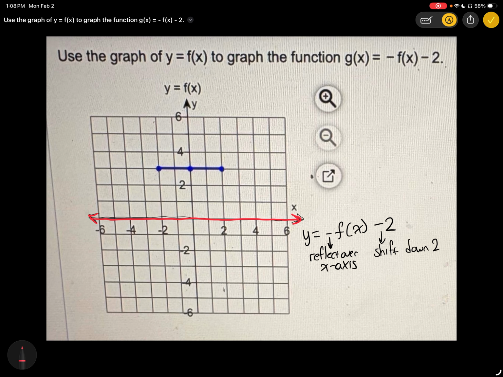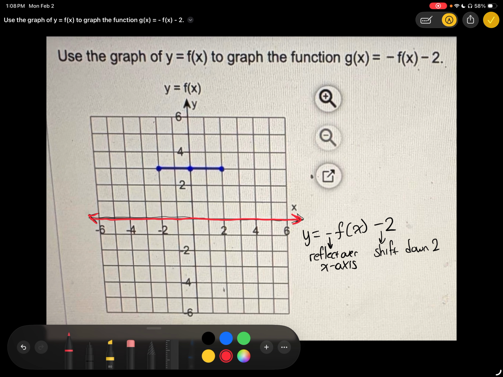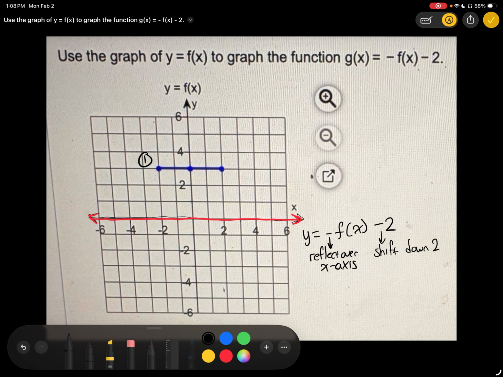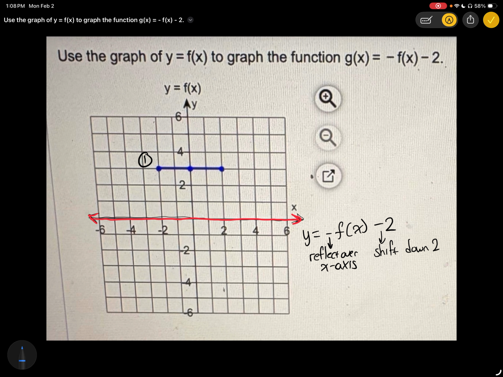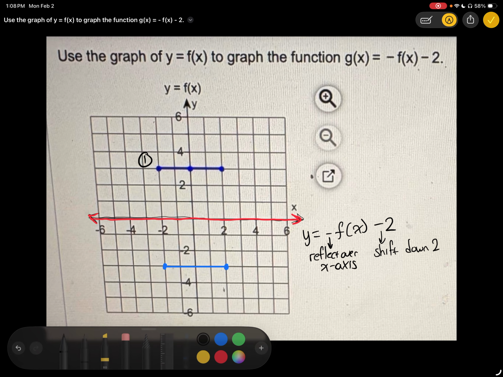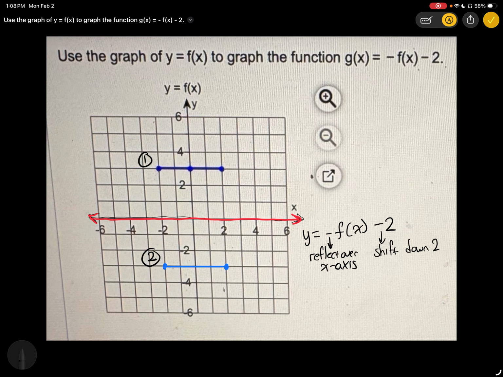We're reflecting over that axis. So this is where we started at. When we do the reflection, because of the negative on the outside, we are now going to be here. That's where the reflection is currently at 3. So we're going to reflect over the x-axis to -3.